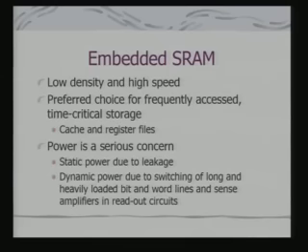This is a preferred choice for frequently accessed and time critical storage like cache memory and register files. In fact, in processors like PIC, your entire memory is organized as a register file, and there this would basically be static RAM.